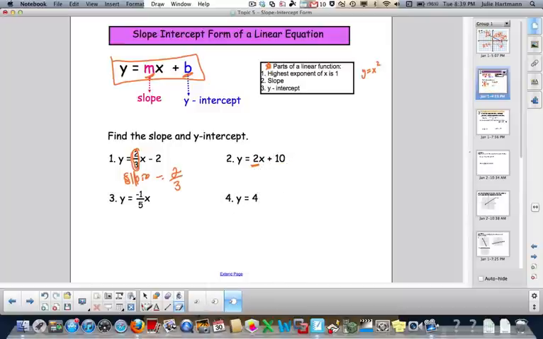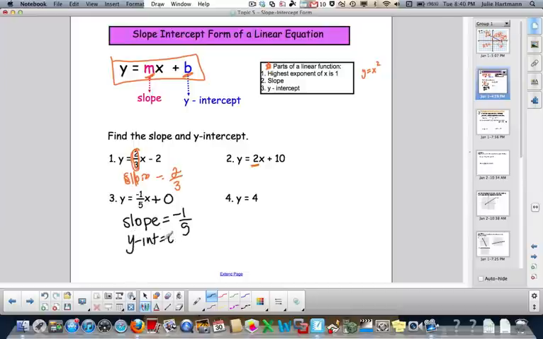Our slope here, one thing to keep in mind is that it is plus 0. The negative 1/5 x, I'm sorry, the negative 1/5 is your slope. So you have a slope of negative 1/5, and then the y-intercept of 0. So your y-intercept equals 0.